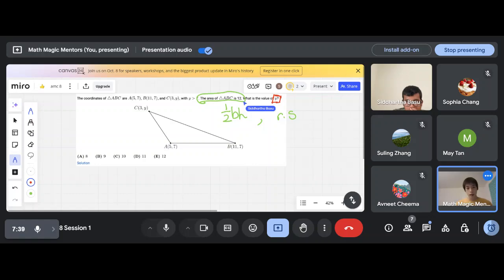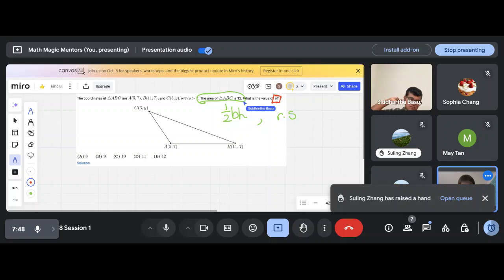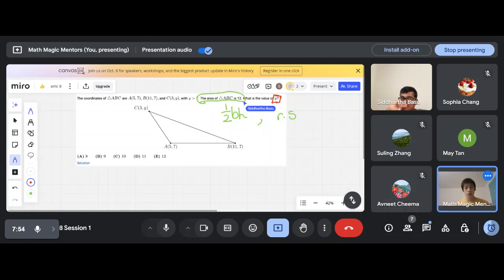But does anyone have an idea of what the first step might be? Basically, when you're trying to set up, we usually want to set up an equation to solve for y. So does anyone have an idea where we might start with this?